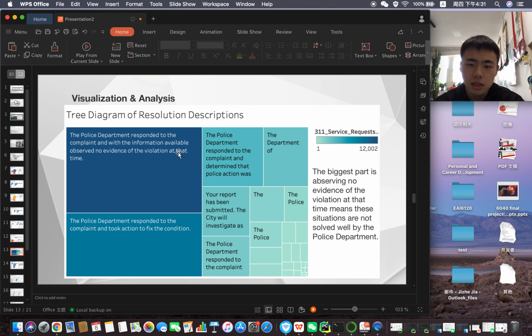I think this means that these situations are not solved well by the police department in New York. I think this point should be improved later.